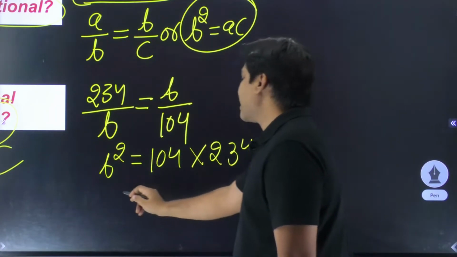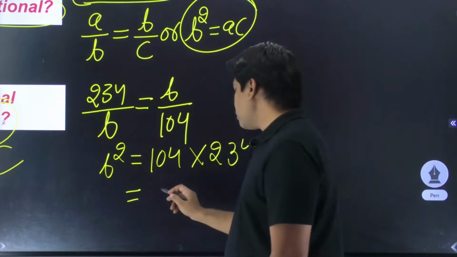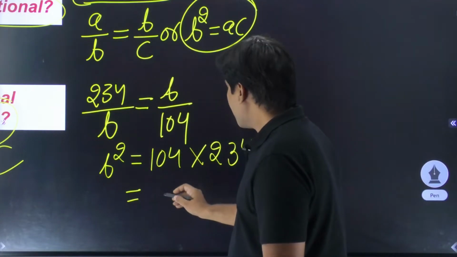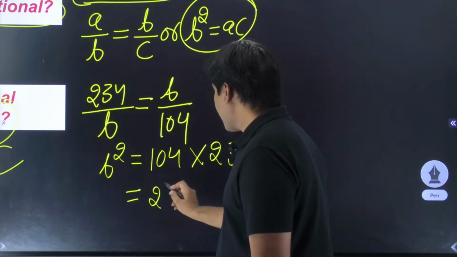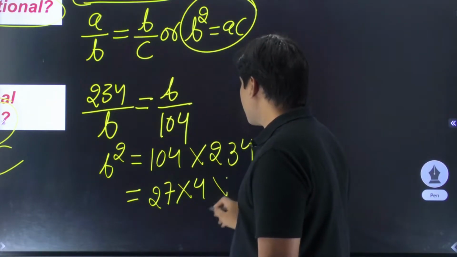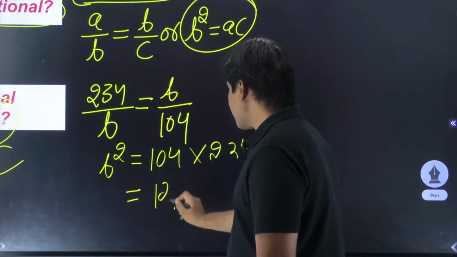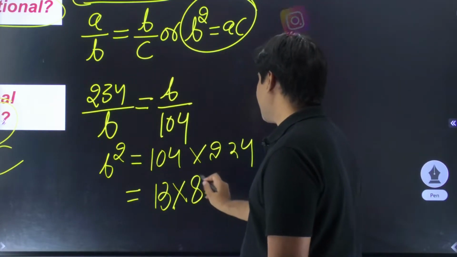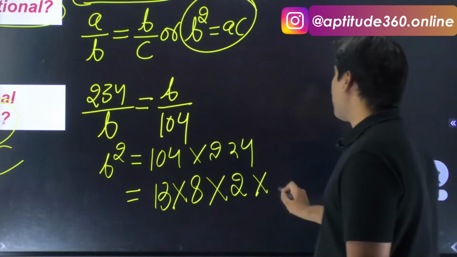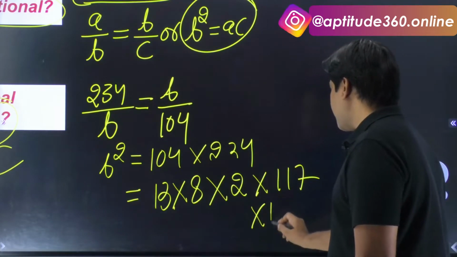Let us do the prime factorization of 104 and 234. 104 is equal to that's going to be what? This is 26 into 4. In fact, this is 13 into 8. And this is 234. 234 is 2 into 117. And 117 can be written as 13 into 9.